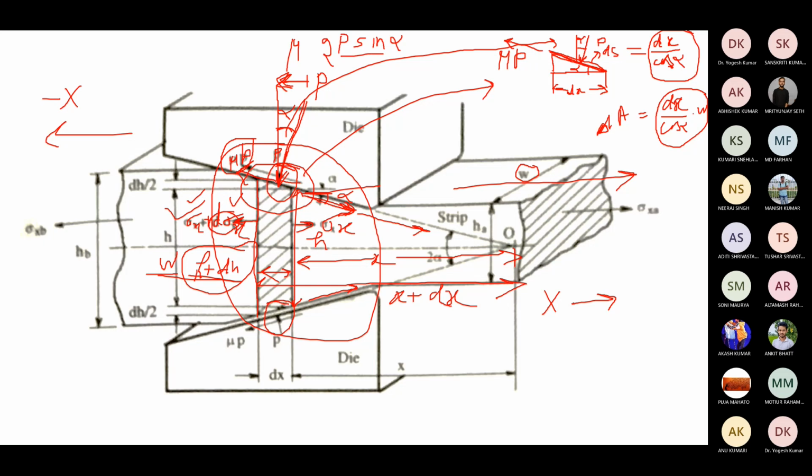And on which surface is it working? It is working on the area delta A, multiplied by delta A, right? So this will be 2P sine alpha into delta A. Delta A is dx upon cos alpha into w.